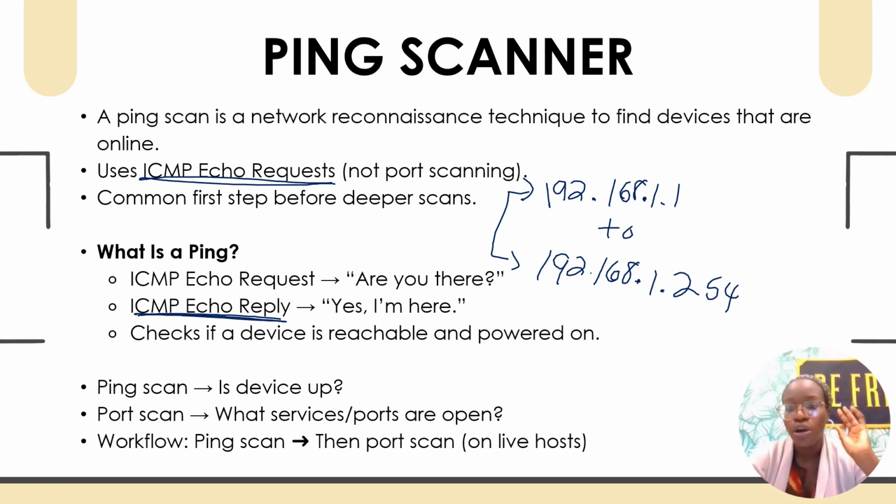In terms of security, we have to consider the fact that a lot of system or network administrators are aware that ping can be misused in recon. So for this reason, they will disable ICMP traffic, especially on the public facing side of the network. And how do they do this? Well, they're going to configure firewalls and routers to drop or ignore ICMP echo requests.